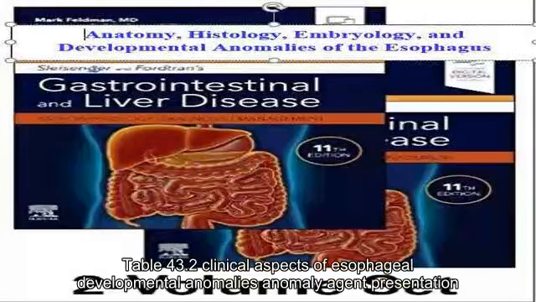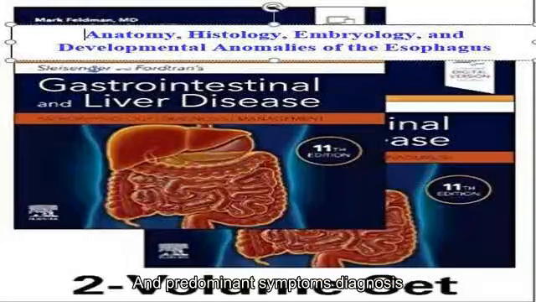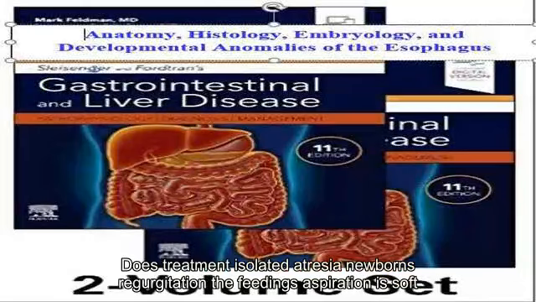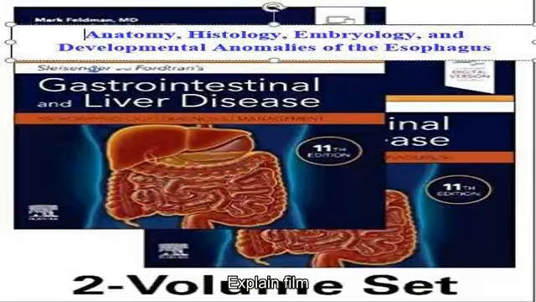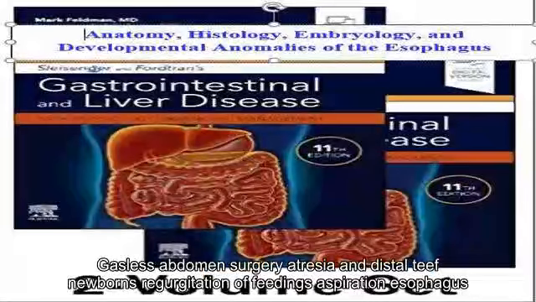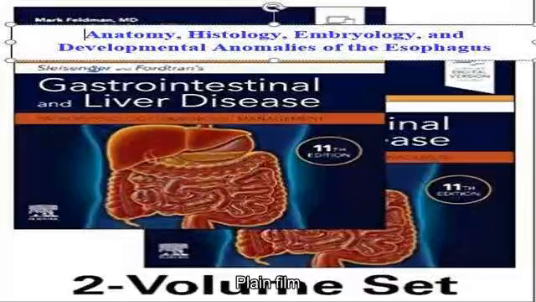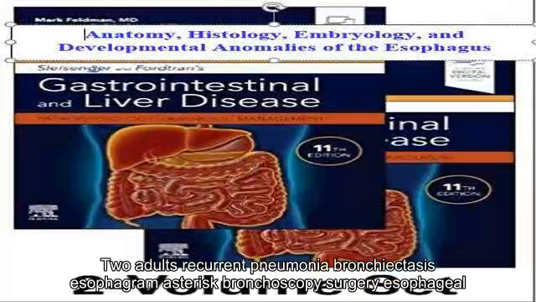Table 43.2 Clinical aspects of esophageal developmental anomalies. Isolated atresia: newborns, regurgitation of feedings, aspiration, esophagogram and plain film, gasless abdomen, surgery. Atresia and distal TEF: newborns, regurgitation of feedings, aspiration, esophagogram and plain film, gas-filled abdomen, surgery. H-type TEF: infants to adults, recurrent pneumonia, bronchiectasis, esophagogram and bronchoscopy, surgery.